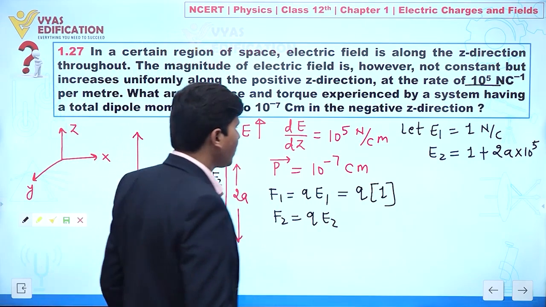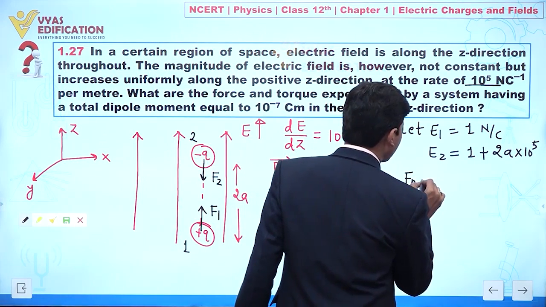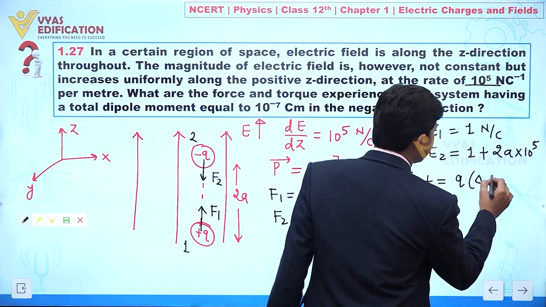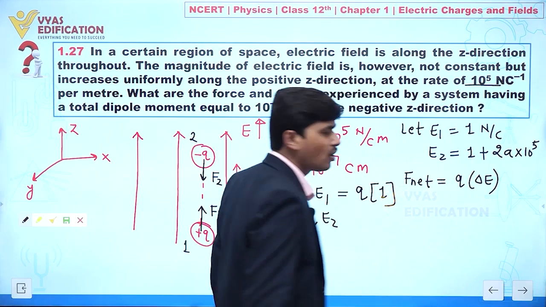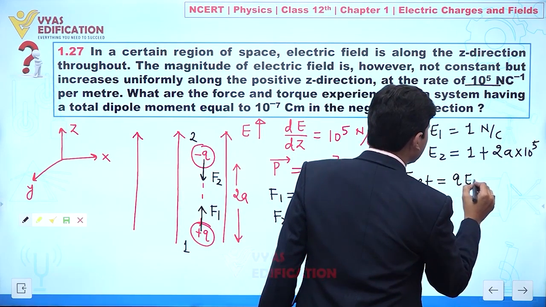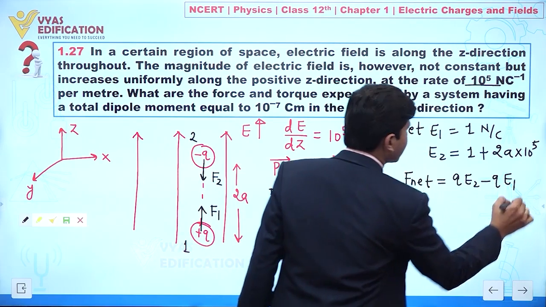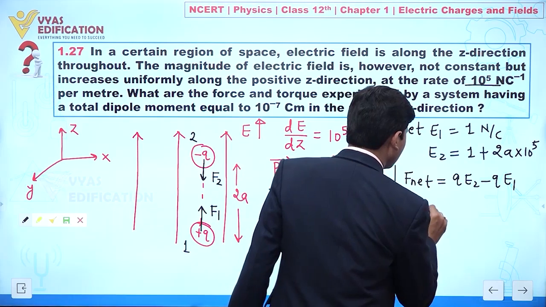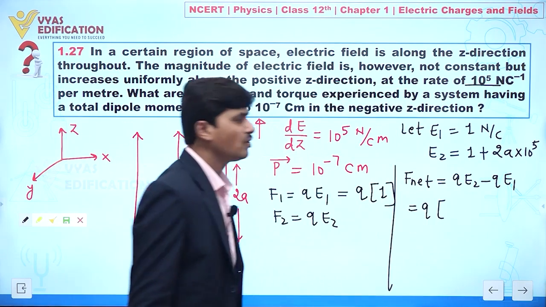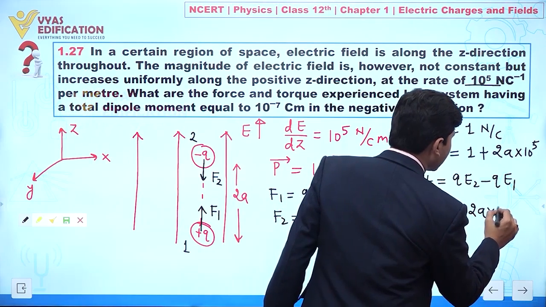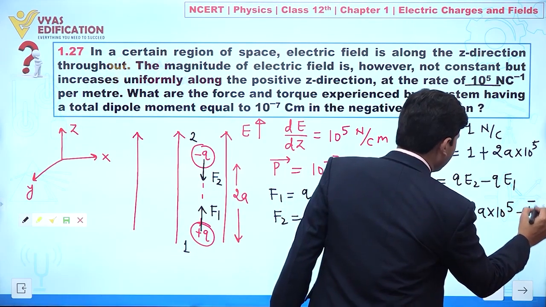Now the net force is Q of delta E, or you can also write it as Q E2 minus Q E1. The value of E2 is 1 plus 2a into 10 to the power 5, minus 1.